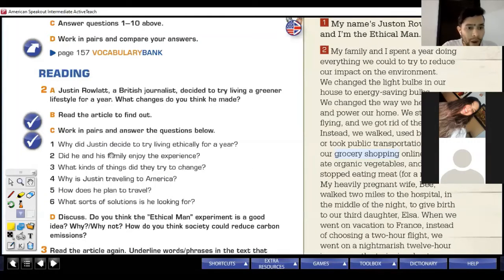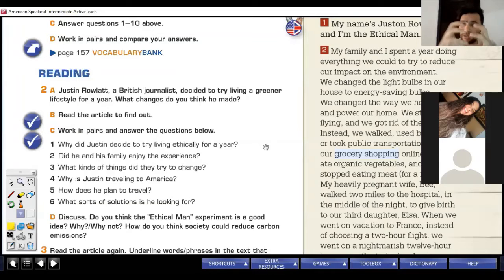For example, why did Justin decide to try living ethically for a year? I'm going to give this answer to you as an example, right? Well, in the text, he said that he tried to live ethically because he wanted to live greener, to live healthier, right?